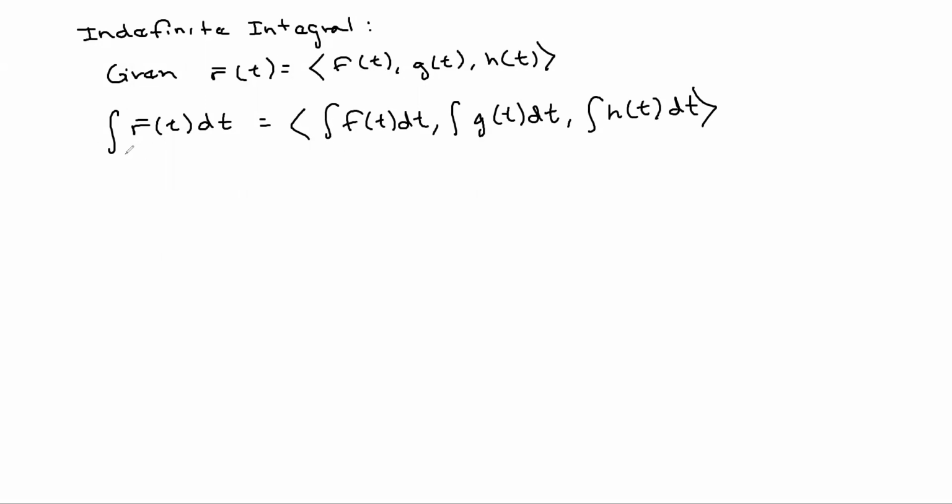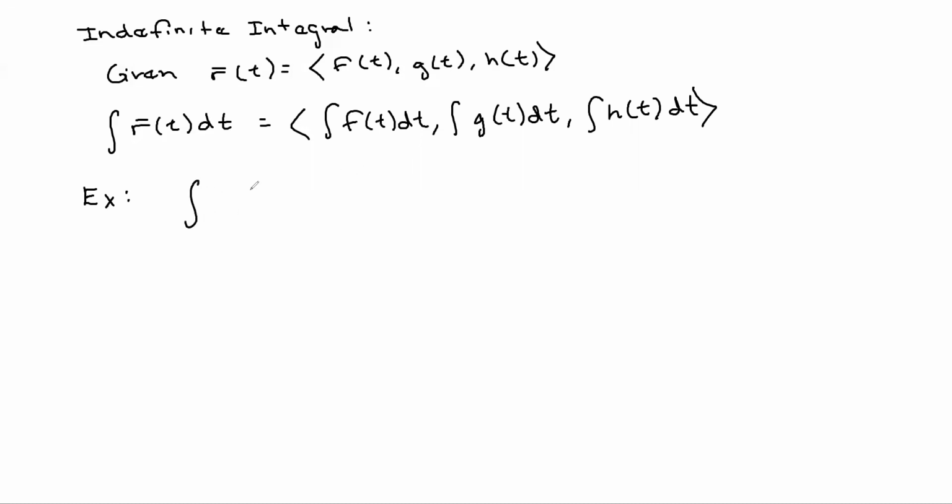The indefinite integral is the same thing as the antiderivative. So the indefinite integral of a vector function is the indefinite integral of the components. Okay, that's a mouthful. All right, let's just see an example. Hopefully that will clarify things.